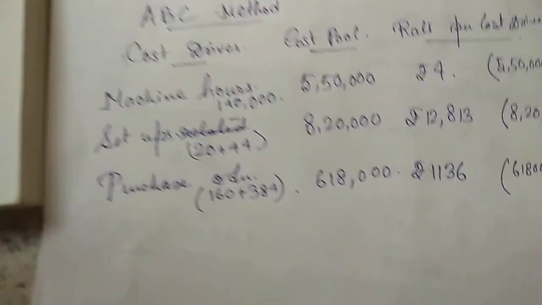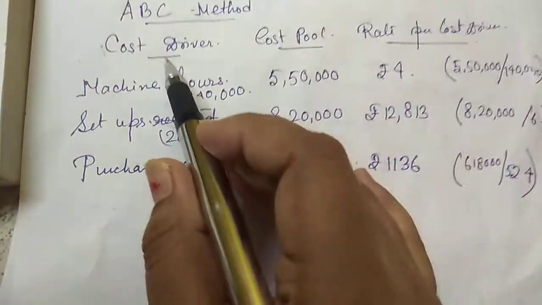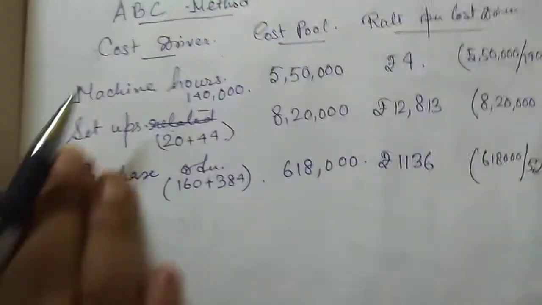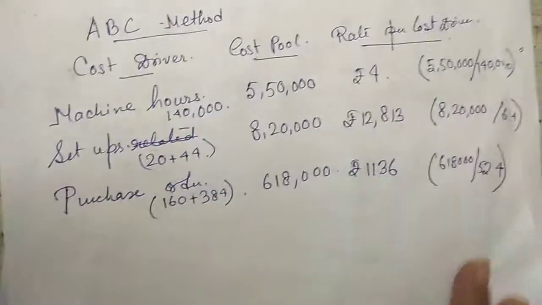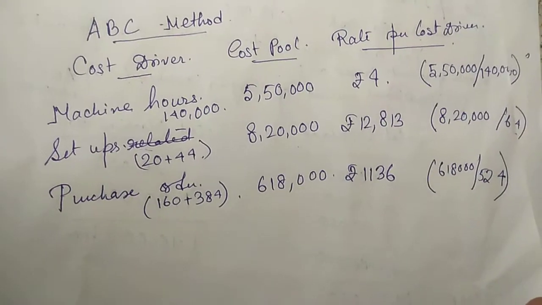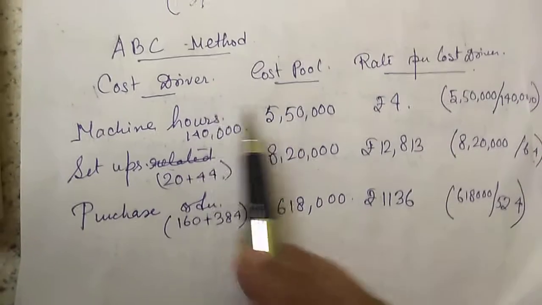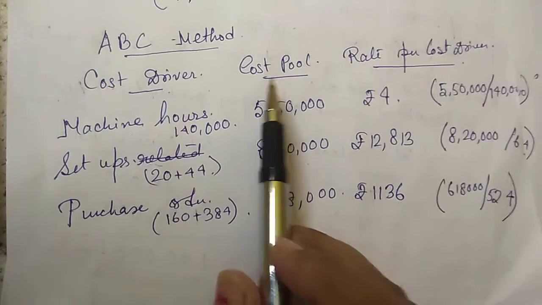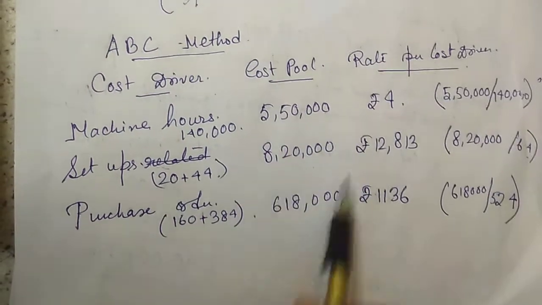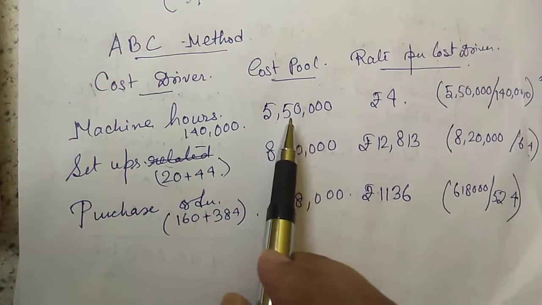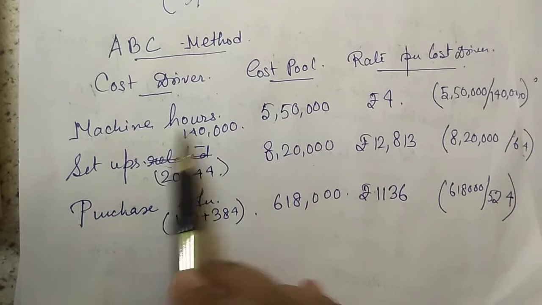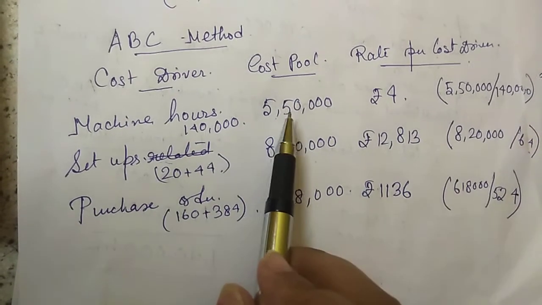So I guess the concept of cost driver and cost pull is clear to you. If you are not clear with it, you will not be able to do ABC costing sums. You must know what a cost driver is. Identifying the cost pull is easy. If you can identify the cost pull, meaning the cost, then you can easily identify the driver driving this cost.